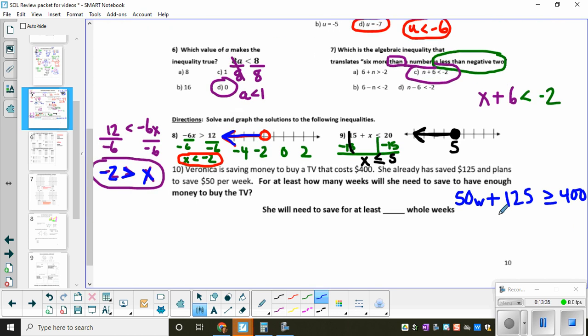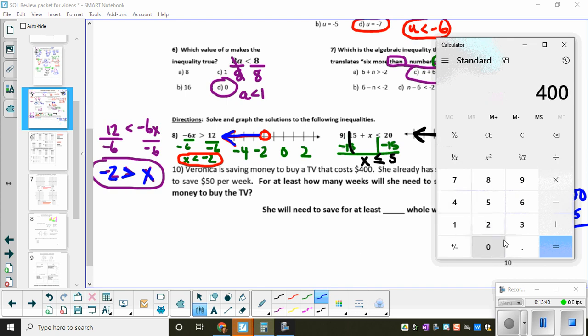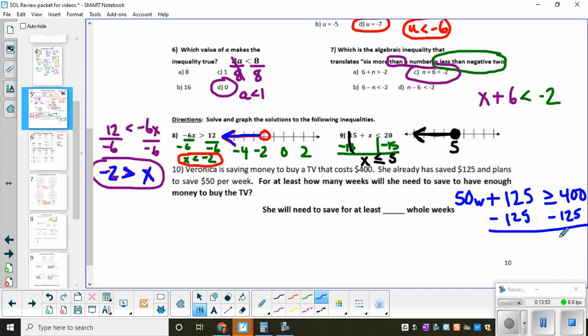Now, when we solve this, we of course get rid of the constant first, just like we would in the equations unit. And this is like saying, all right, so if there's $400 that she's got to save up for the TV, she's already saved 125. So we can say then what she has left over is $275. So she still needs to save enough to make $275, and she's saving $50 per week.